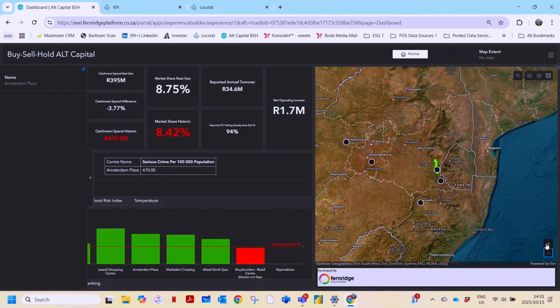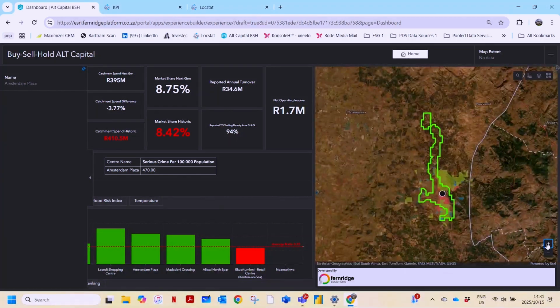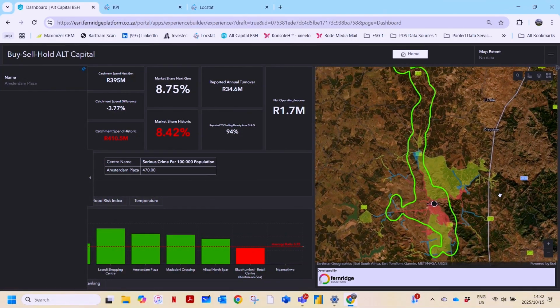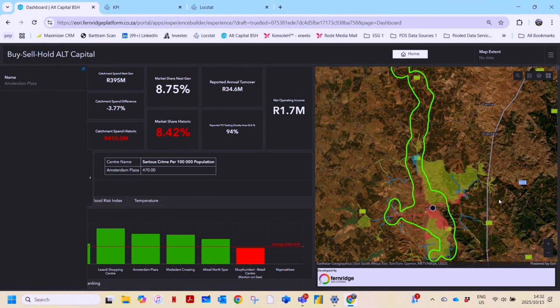We have your traditional catchment areas. Oops, hold on. So for those of you that understand catchment areas, you'll see that we've got our primary and our secondary catchment areas in the red and the green.